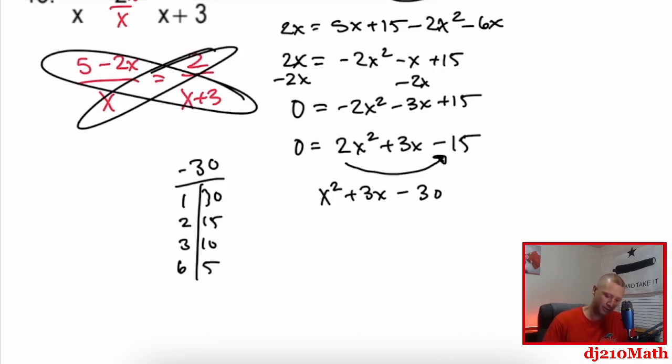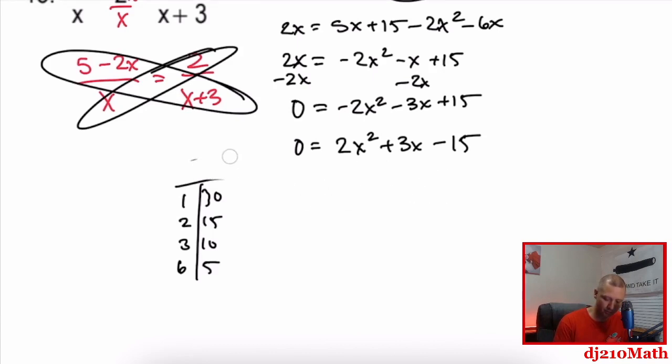Anyway, can I make a 3? Nope. Okay, so can't factor it mentally. You can't factor it by looking at it. You can't use other little methods. Quadratic formula is the last way to go.